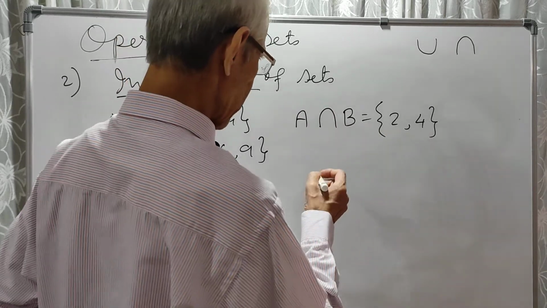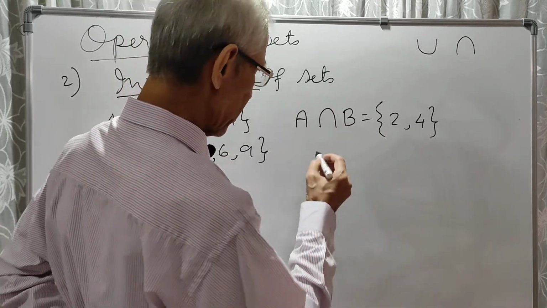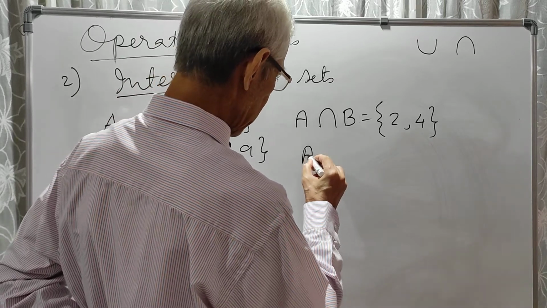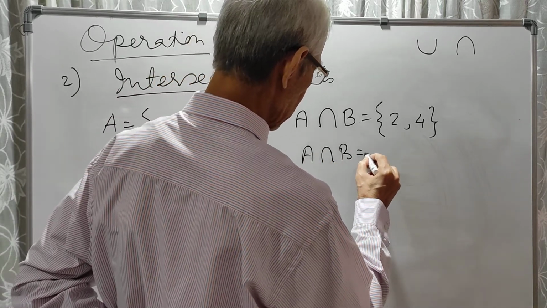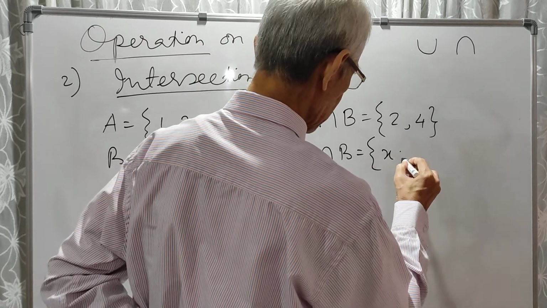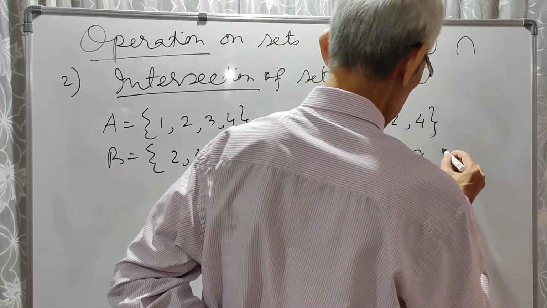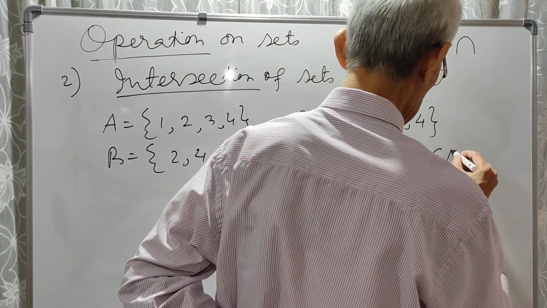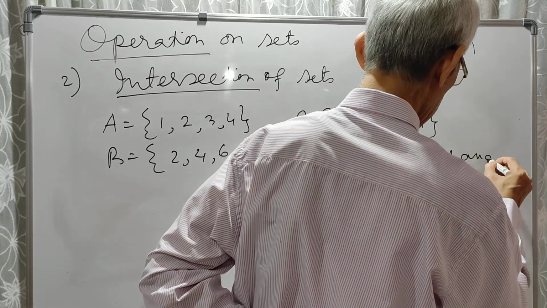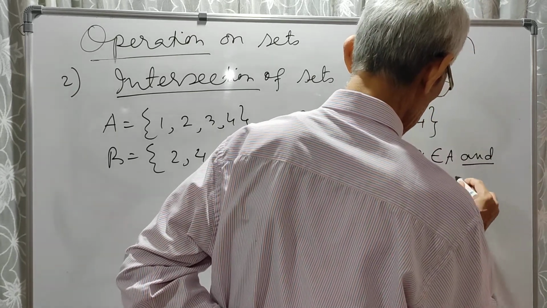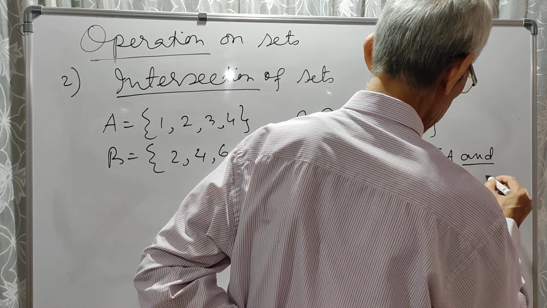Therefore, what will be the general expression of intersection? A intersection B is the set of X such that X belongs to A and X belongs to B.